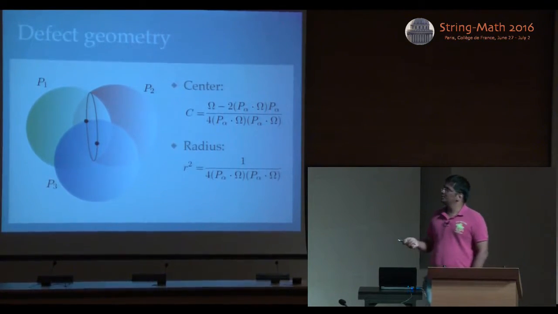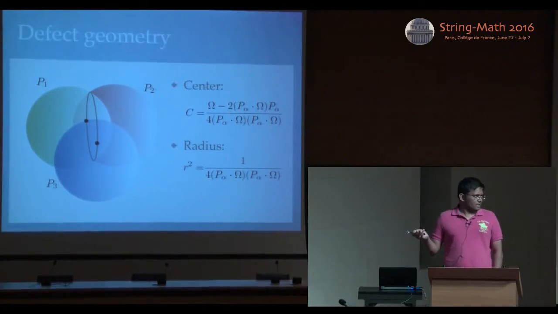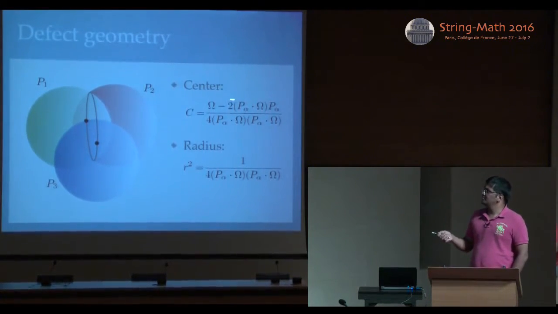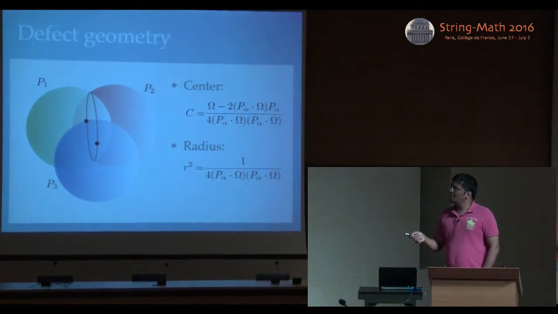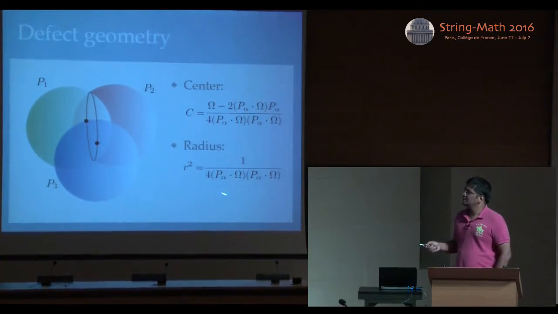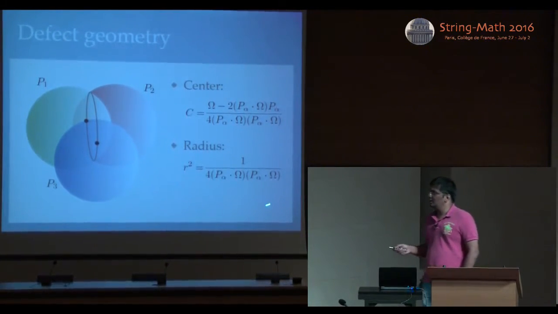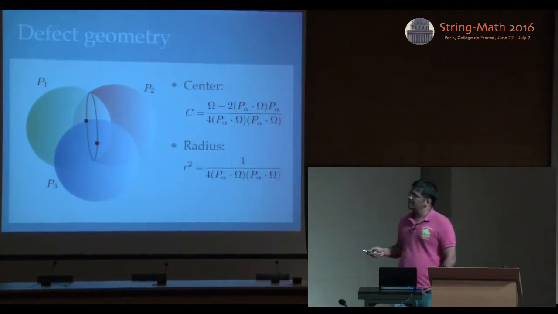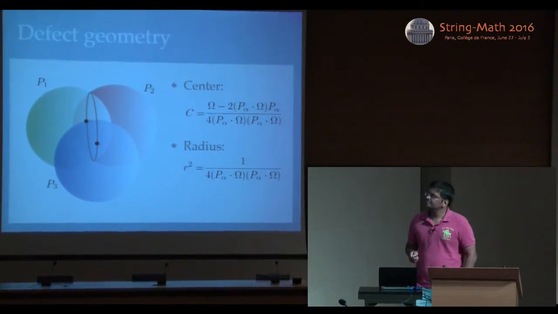So what you need to do is, along with P alpha, you are also allowed to use omega, which is the point at infinity, and simply there is only one combination that you can write down as a candidate vector, and that is the center of the final defect, and this is the only scalar combination which serves as the radius of the defect.